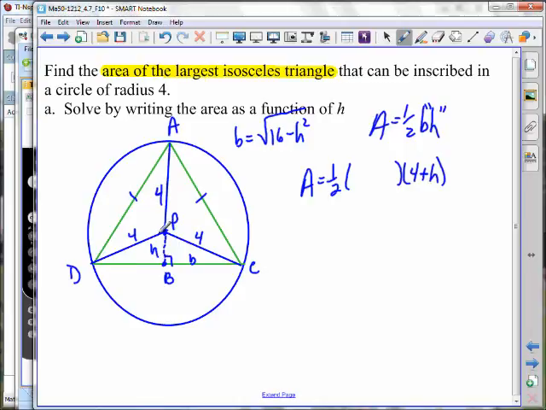So this little triangle down here now, which would be PBC, will give us this. Is that going to be the same as the base of our, and we better put that in parentheses too. I mean quotations too. So what is this going to equal? 2 times that, okay? So this is going to be 2 times the square root of 16 minus h squared.